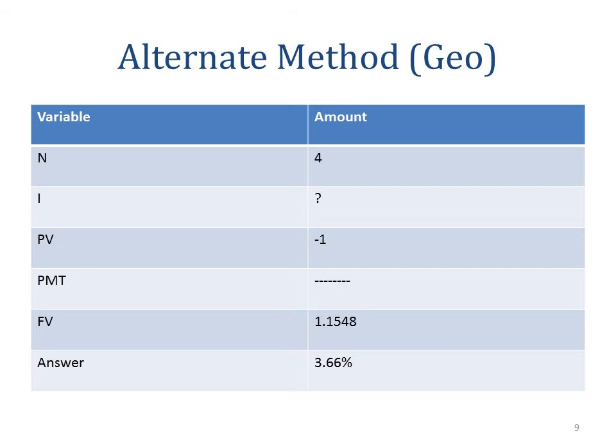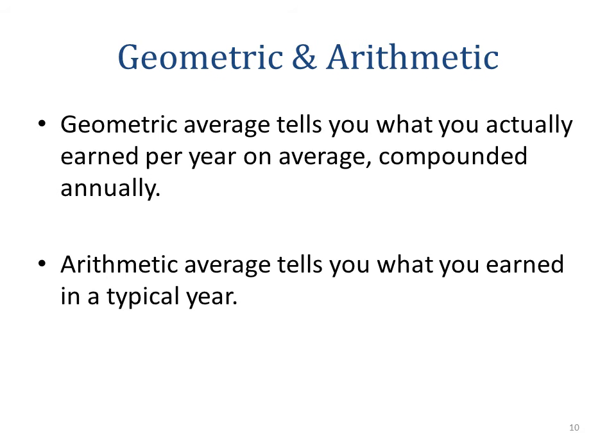That's more authentic. That's really measuring the whole period, not just one year to the next. It's really the cumulative effect. So if we look at geometric and arithmetic, the geometric average tells you what you actually earned per year on average, compounded annually. Again, we've been looking at compounding and discounted interest.